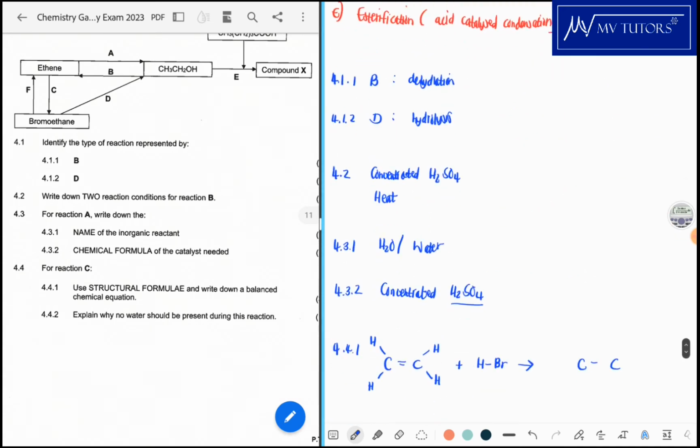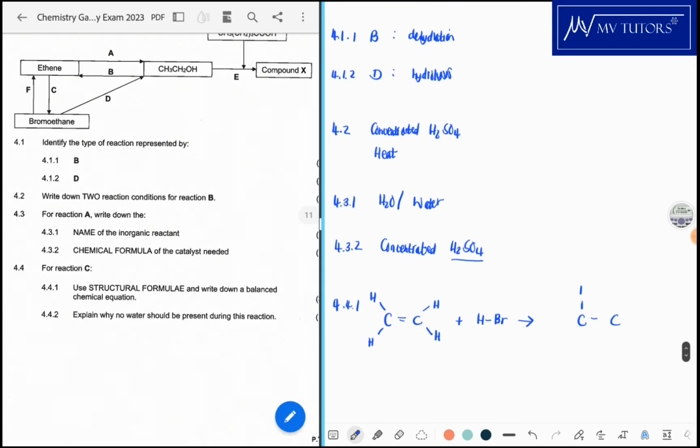Put the bromo there. It doesn't matter really where you put it. The bromine. Yeah, is that it? Balanced chemical equation. Is it balanced? We have 2, 4, 5 hydrogens there. 2, 4, 5. Yes, 1 bromine, 2 carbons. It's balanced. It's all good.